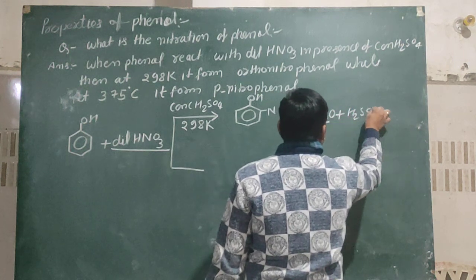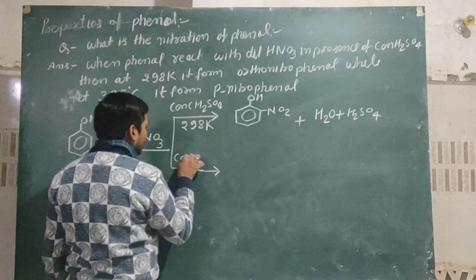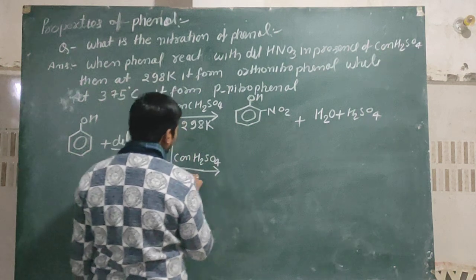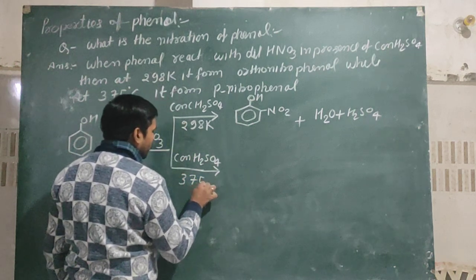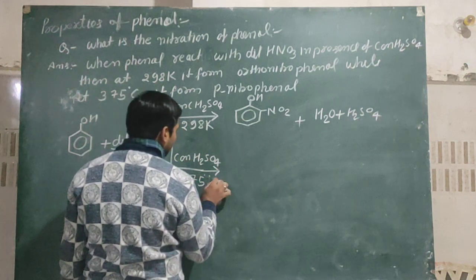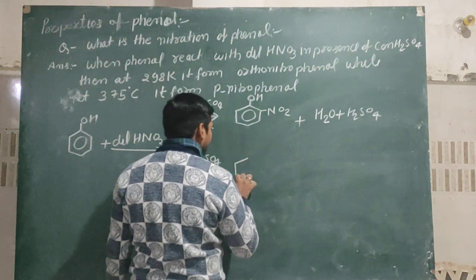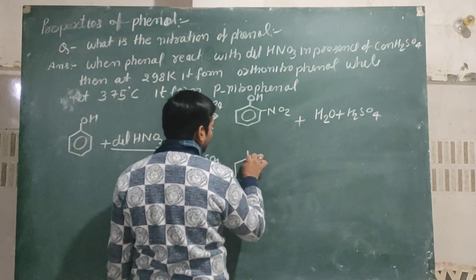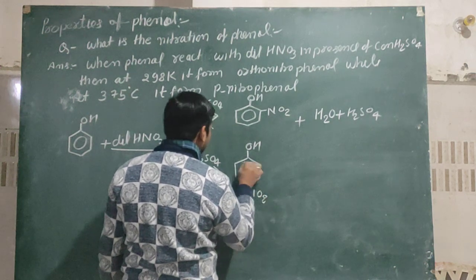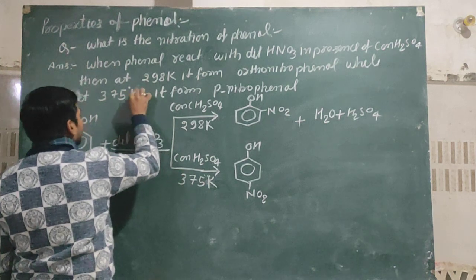And in the second step, it also reacts with conc H2SO4 at 375 degrees centigrade, it changes into the nitro group. Not degree, it is Kelvin temperature.